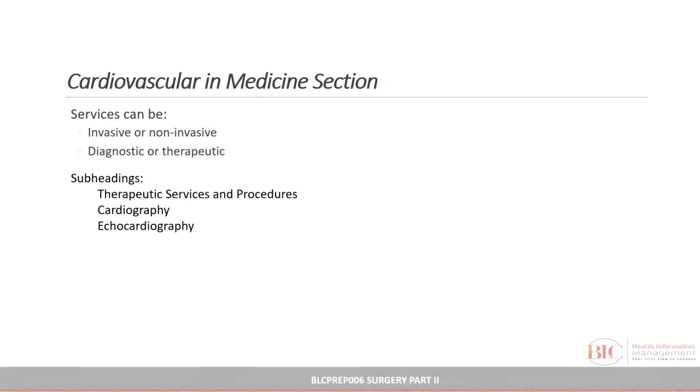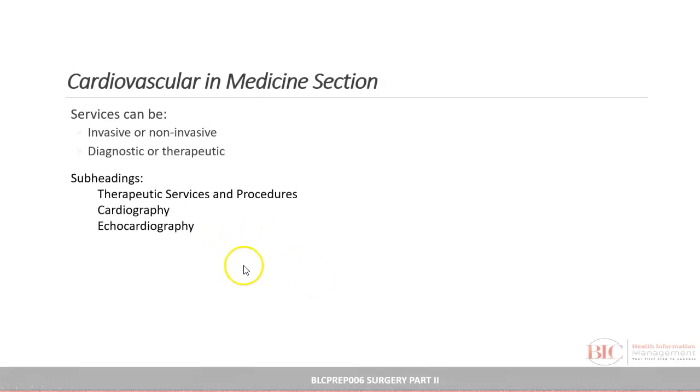In this section, though, services can be, again, invasive or non-invasive, diagnostic, or therapeutic. Your subheadings for your cardiovascular procedures are going to be therapeutic services and procedures, cardiography or echocardiography.